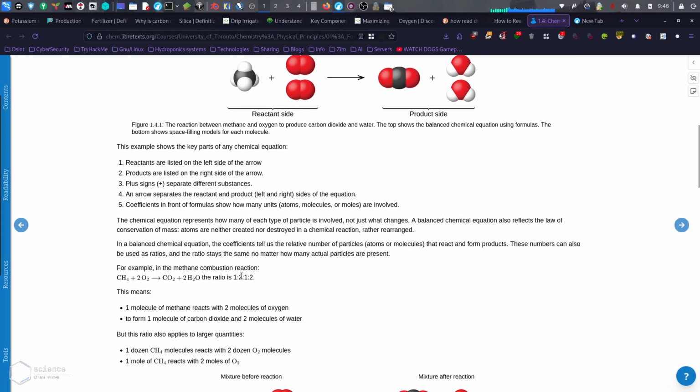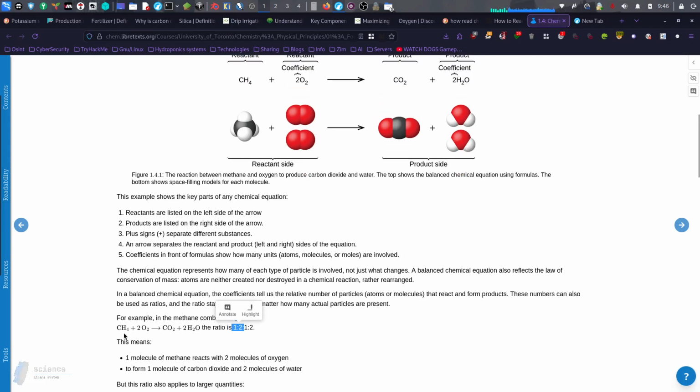The ratio is 1 molecule of methane plus 2 molecules of oxygen. Let's say molecules, not atoms.